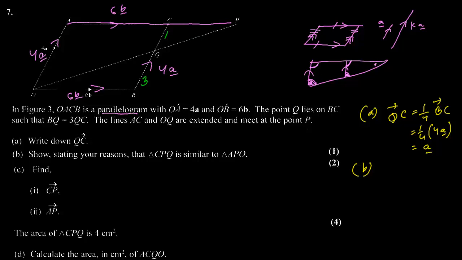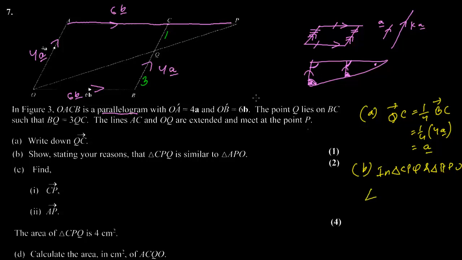So in order to show that the two triangles are similar, we can write: in triangle CPQ and triangle APO. So we are talking about CPQ. The smaller triangle comes first and the larger triangle comes later.